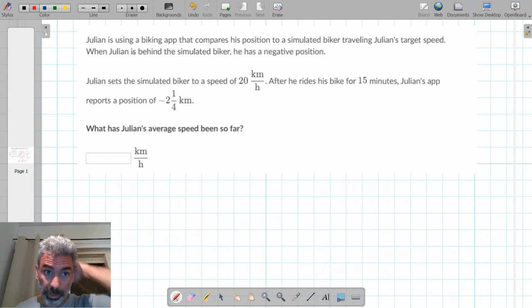Julian is using a biking app that compares his position to a simulated biker traveling at Julian's target speed. When Julian is behind the simulated biker, he has a negative position.